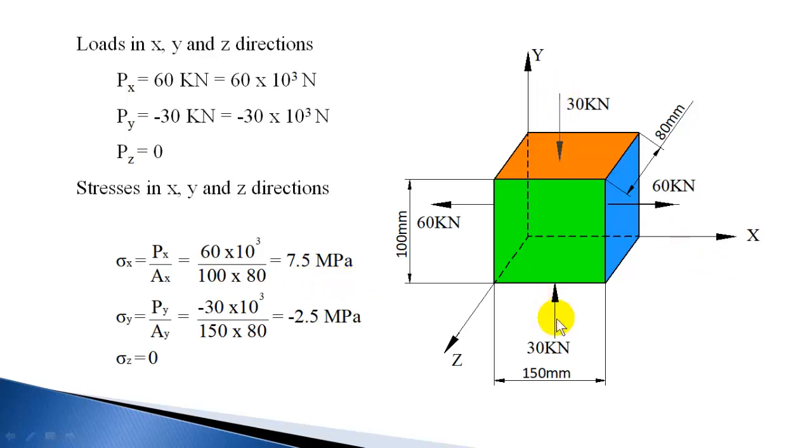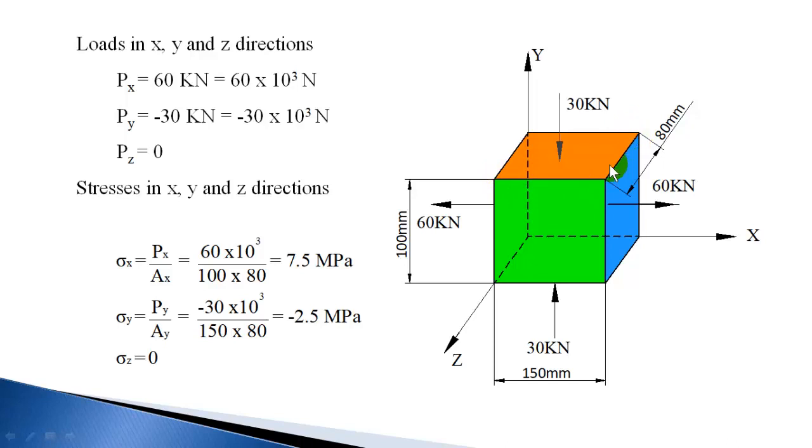Load in y direction is 30 kilonewton compressive, so minus 30 into 10 raised to 3 divided by the area resisting this load. The area resisting this load is this orange colored face, lying in the horizontal plane. Its dimensions are 150 into 80, that is x dimension into z dimension.